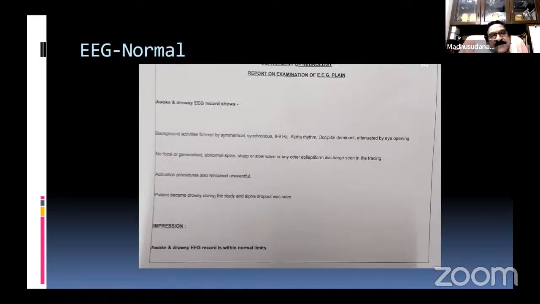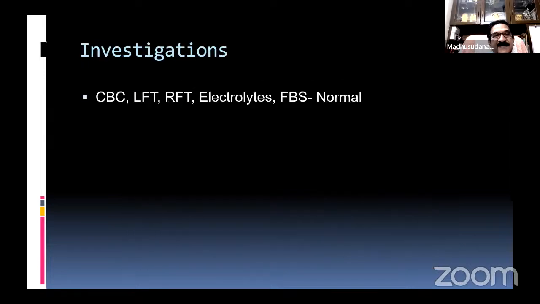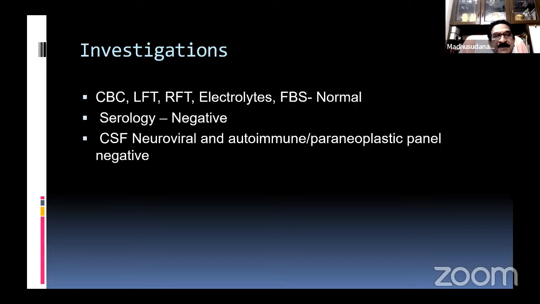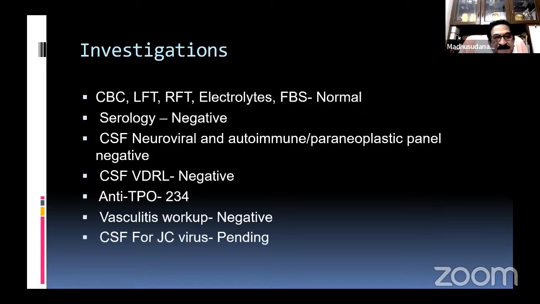So EEG was done, which is within normal limits. CSF protein normal, glucose normal. The other investigations, LFT, RFT, electrolytes normal. Serology was negative, so unlikely to be CNS neurosyphilis. Then neuroviral, autoimmune and paraneoplastic antibodies were negative. CSF VDRL was negative. Anti-TPA was normal. Parasitic workup was negative.